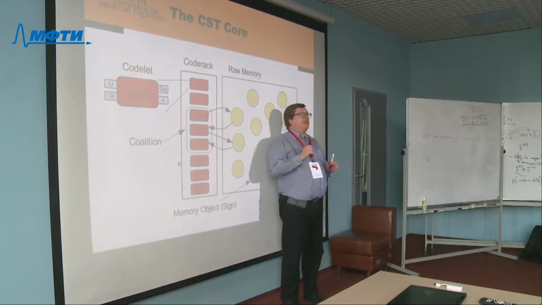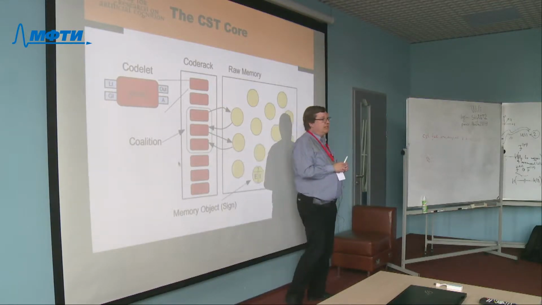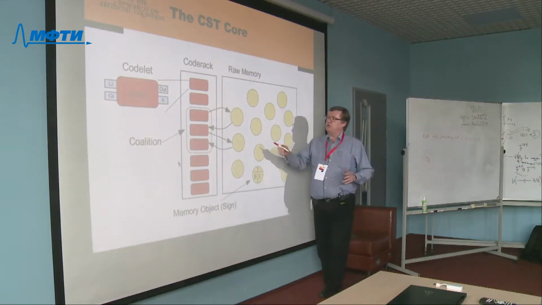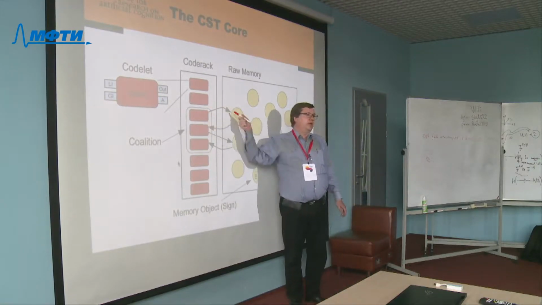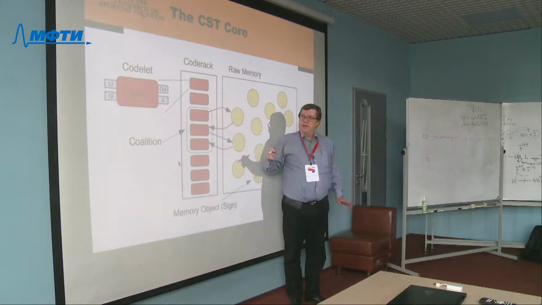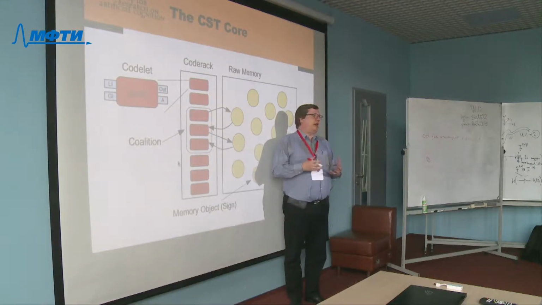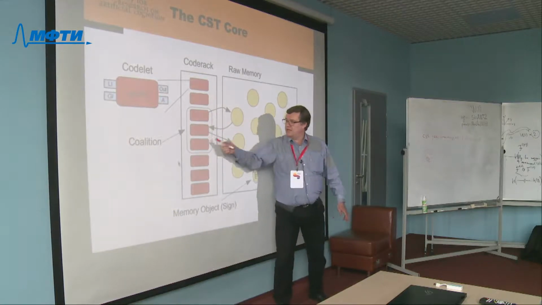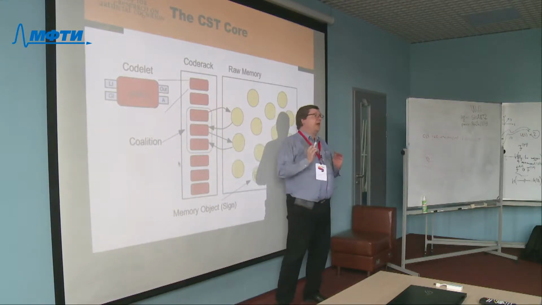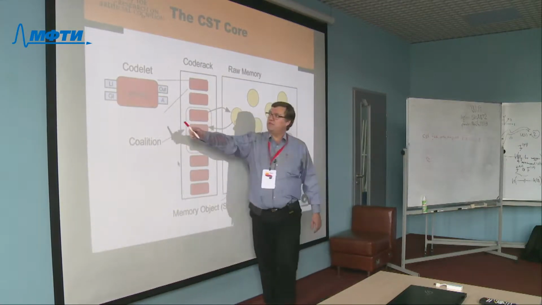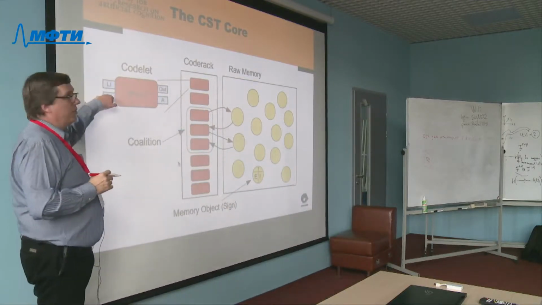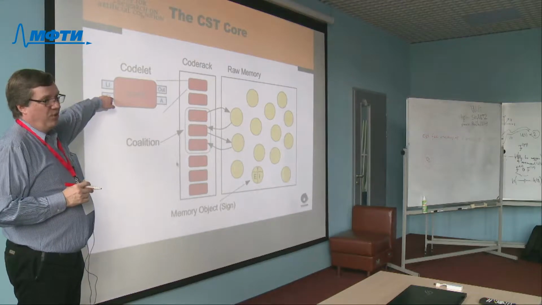An interesting thing about coalitions is that we can have static coalitions like this one. In this case, a priori, I know that this is going to feed this, and this, and this. But because we have this global input, we never know who is posting things on the global input.